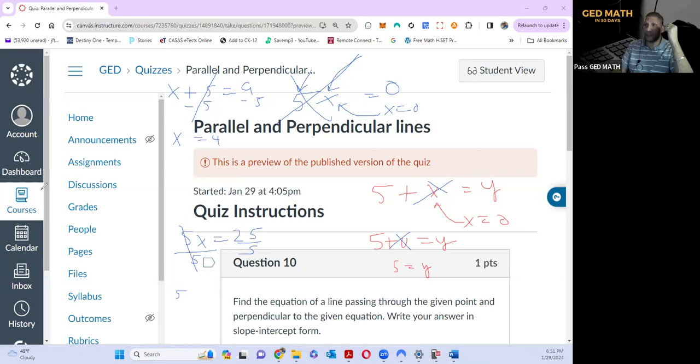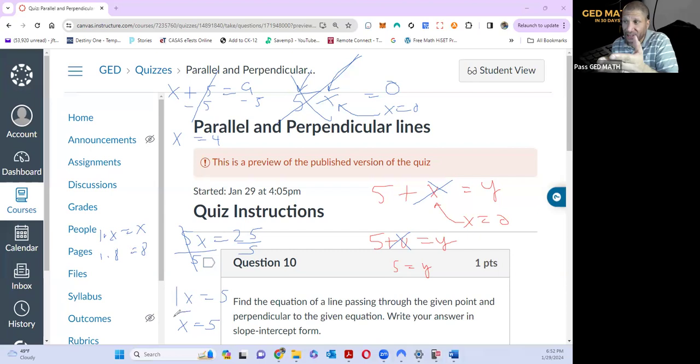So let me erase that 5 real quick. x equals 5. Do I need that 1 when I'm multiplying by 1? No, because 1 times anything is itself. 1 times x is equal to x, 1 times 8 is equal to 8. We don't write the 1 anymore. So this is why 1x is the same as x, and x equals 5 in this example.